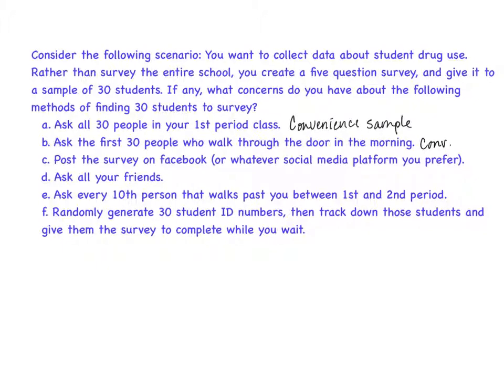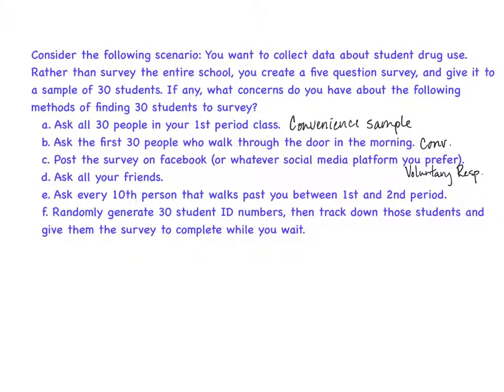Posting a survey on Facebook or whatever social media platform you prefer. This is a voluntary response sample. And those have inherent problems because the only ones who answer are typically people who are really passionate about it.